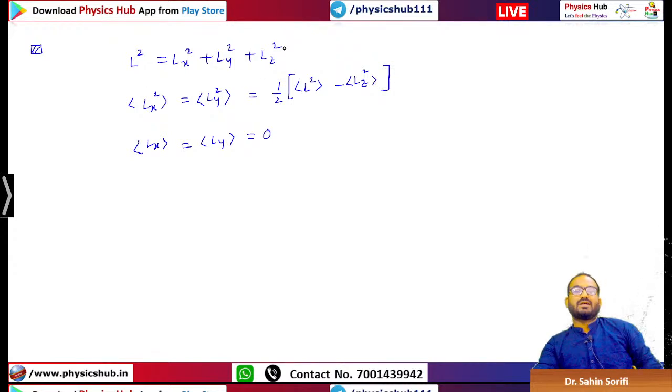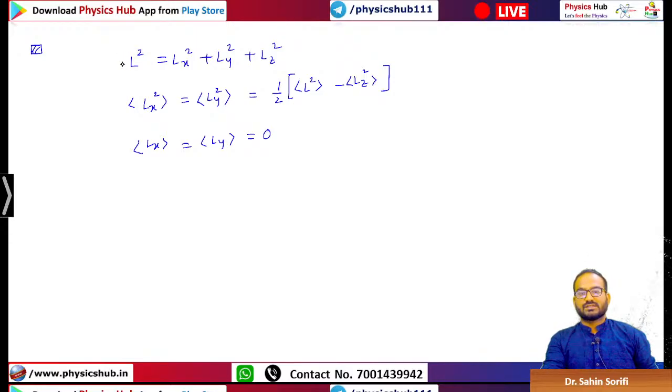Lz and L² will give different results, but Lx and Ly their expectation values are 0. And expectation value of Lx² and Ly² will be decided from this L² minus Lz². You can see it is very easy to understand from this equation.